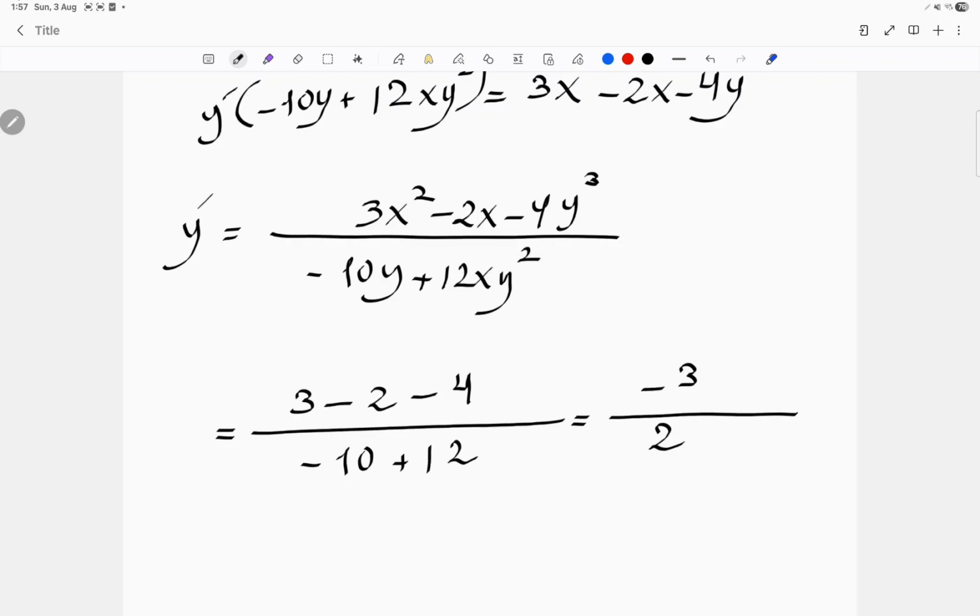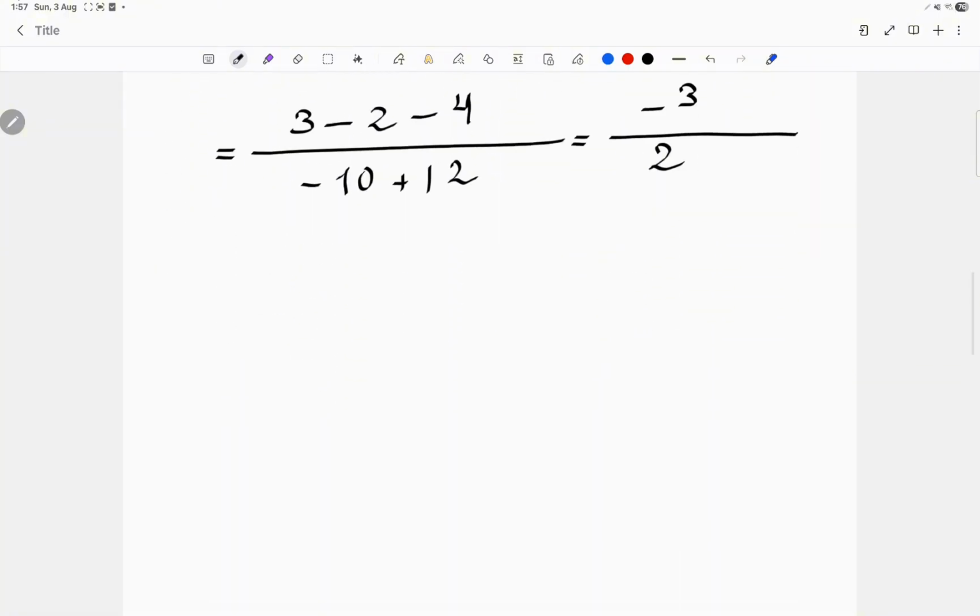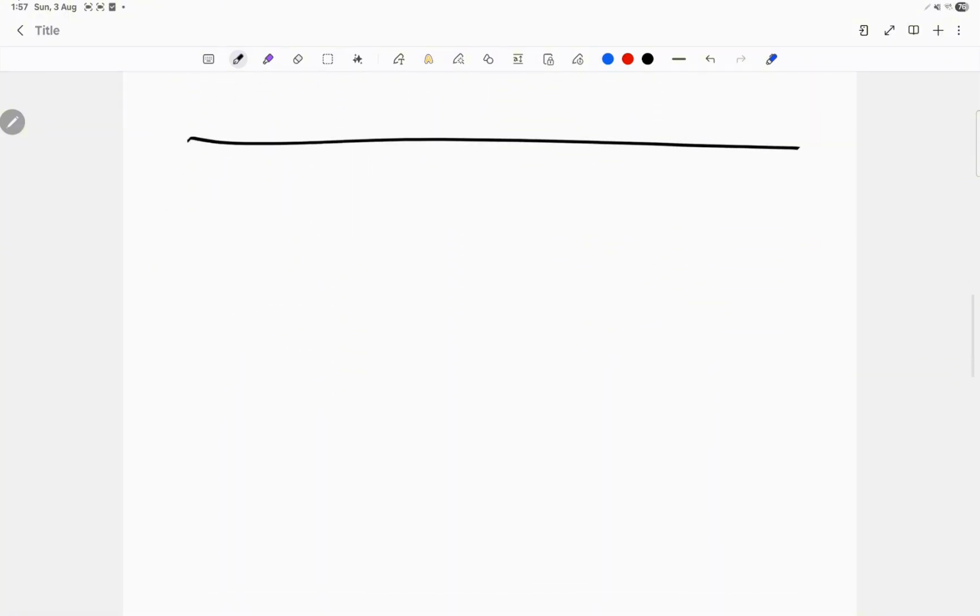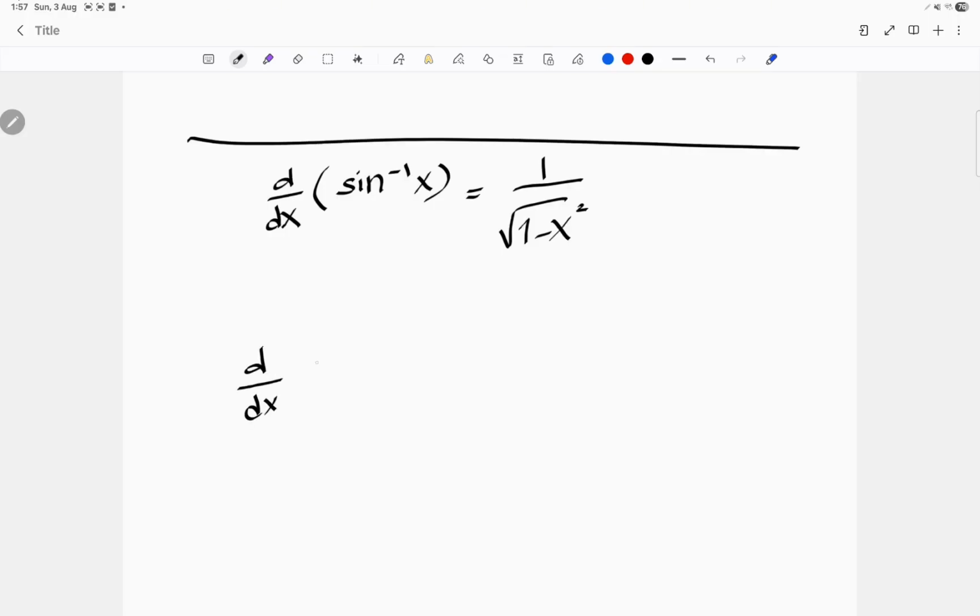Right. We have some rules now that we have to learn. Okay, now we're going to have some new rules. For example, the derivative of inverse sine is equal to 1 over root of 1 minus x squared.